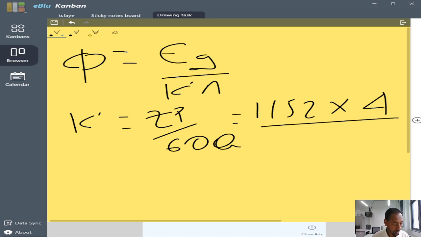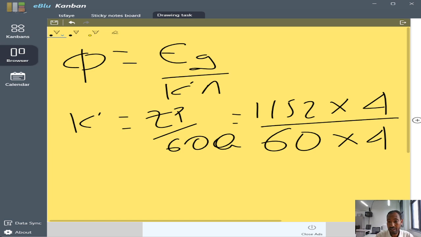And what is A? A is going to be P, which is equivalent to P times 4. So this is our flux. This is our K prime.